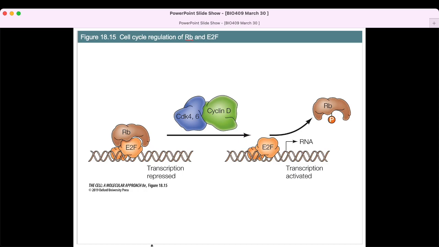So when retinoblastoma is mutant, you're just like, yeah, this cell would really like to be in S-phase right now, right? So it happens in some cancers, and some cancers are in the mood to go through the cell cycle because E2F is active. And they're just like, yeah, we already have a lot of nucleotides. If anybody wants to synthesize DNA, oh, we have DNA polymerase, let's do this.